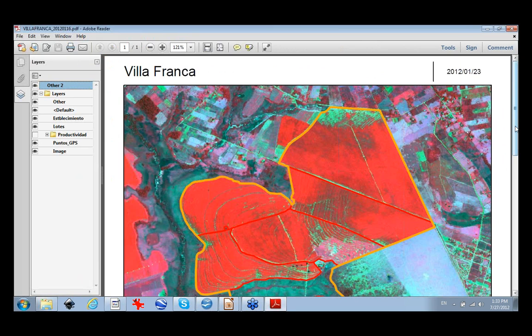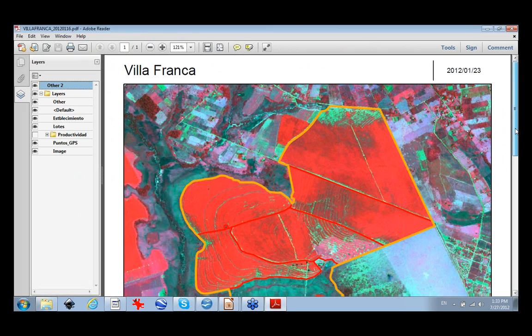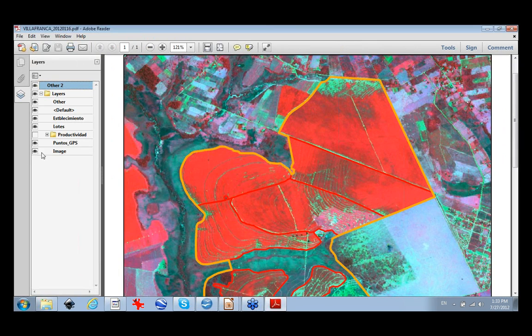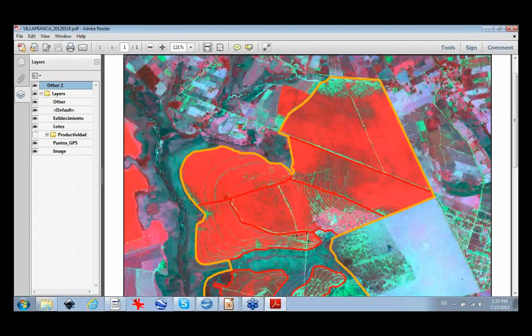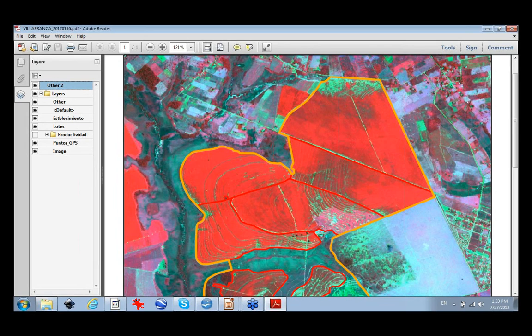There's no NDVI, but just to give you an idea, at 5 meters you can see the terraces. So the accuracy is very applicable. 5 meters is a pretty good resolution for many applications.